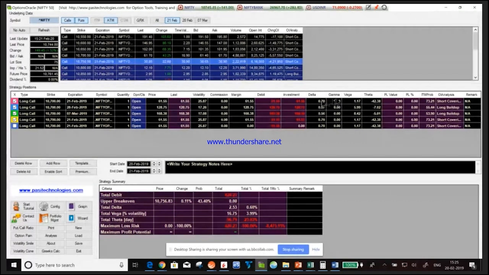Do you see the Vega values here? Everyone. So what I've used is 21st Feb, that is tomorrow's expiry, then 28th Feb, that is next week's expiry, and then 7th March, that is the week after that.